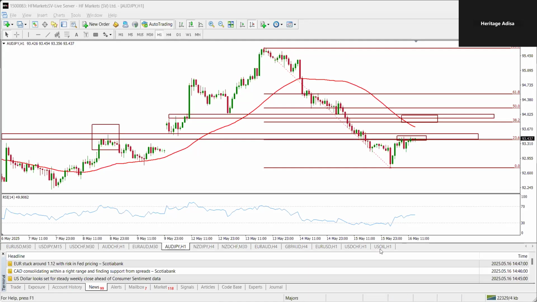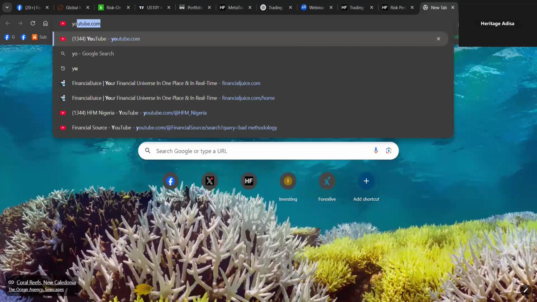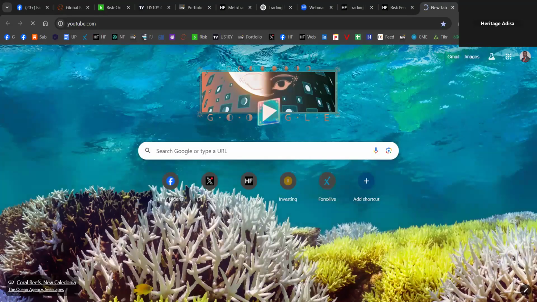This one says, how does the RSI indicator work? I've done a full video on RSI and one other indicator. Let me see if I can share that with you right now. One thing I want you to always do is this: all of these videos, even this particular one, we're still going to upload and post on our YouTube page. But let me show you.